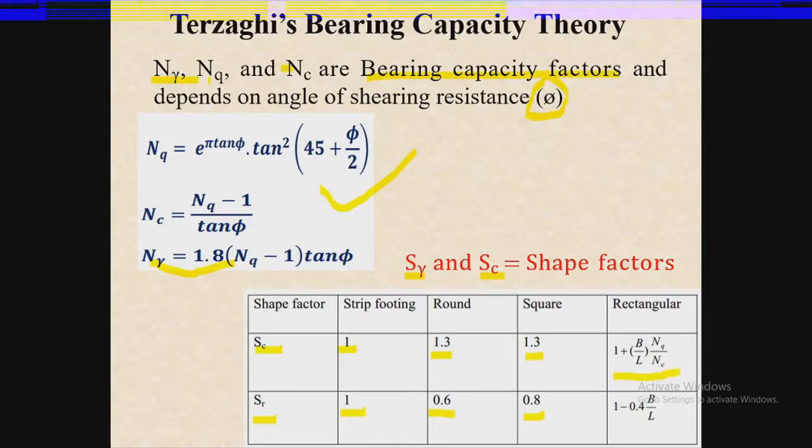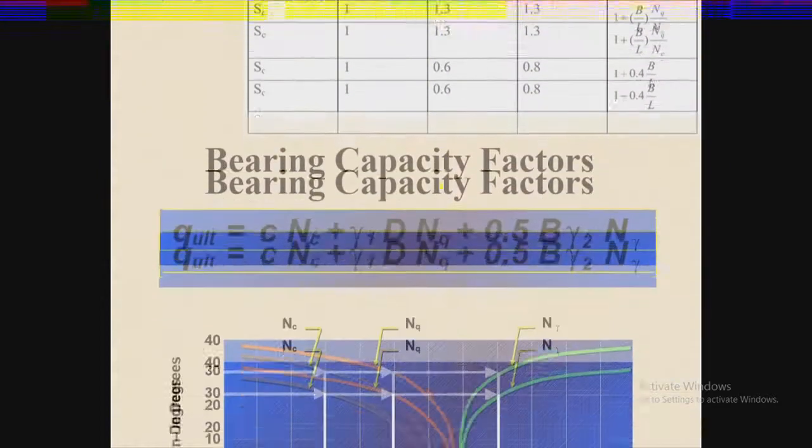Similarly, SC for rectangular is 1 plus B by L into NQ divided by NC, and S gamma for rectangular is 1 minus 0.4 into B by L. So this is how we are incorporating the bearing capacity factors and the shape factors. Bearing capacity factors are functions of the soil friction angle, and the shape factors are basically functions of the geometry of the footing.